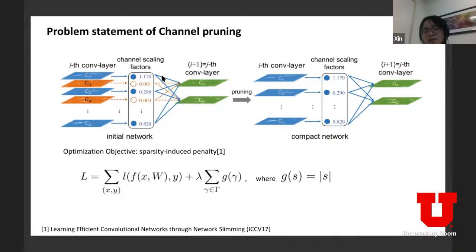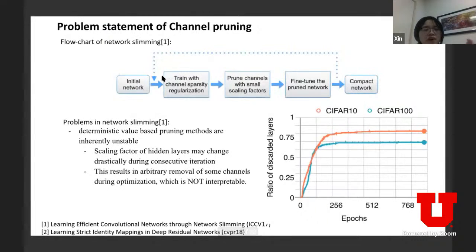It's possible. It means that in subsequent batches, the scaling factor varies a lot. But we know that if the scaling factor is too small, we will prune it. So in different batches, one channel is sometimes kept and sometimes pruned. So it will make it very unstable.